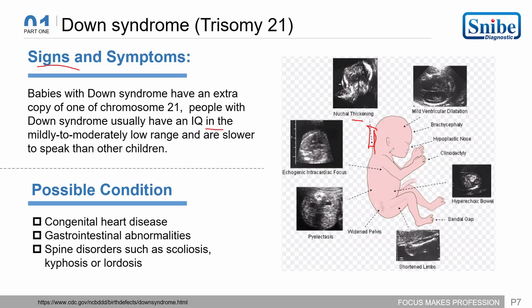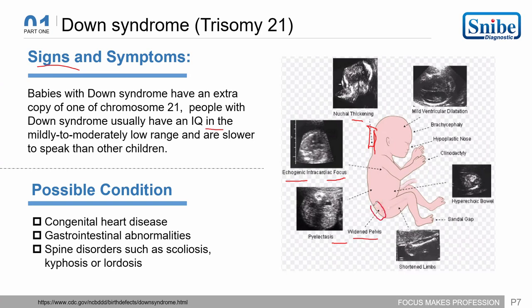These are the after-birth symptoms, but during pregnancy and fetal development, other distinct radiological features help to diagnose that this baby is suspected to be at high risk of Down syndrome, such as an echogenic intracardiac focus, along with polydactyly and a widened pelvis.